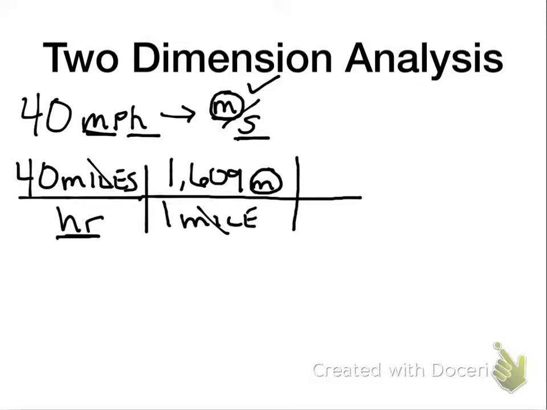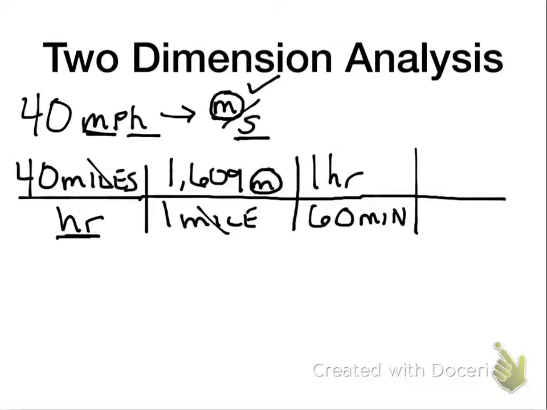So, we know that in 1 hour, we have 60 minutes. And so we can cancel out our hour units, and we're in minutes, but that's not satisfied because we need seconds. So we know that in 1 minute, there are 60 seconds.